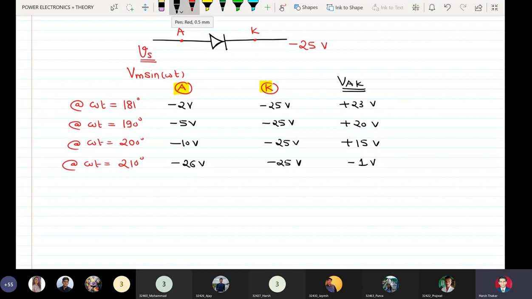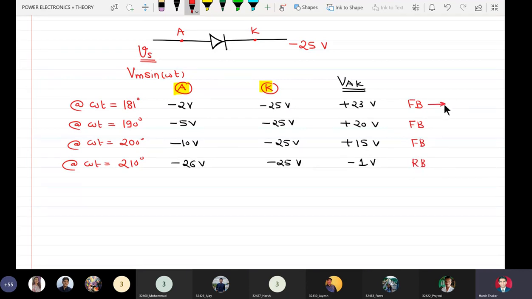So students understand that at 181 degrees the diode is forward biased, at 190 degrees it is forward biased, at 200 degrees it is forward biased, and at 210 degrees it is becoming reverse biased.